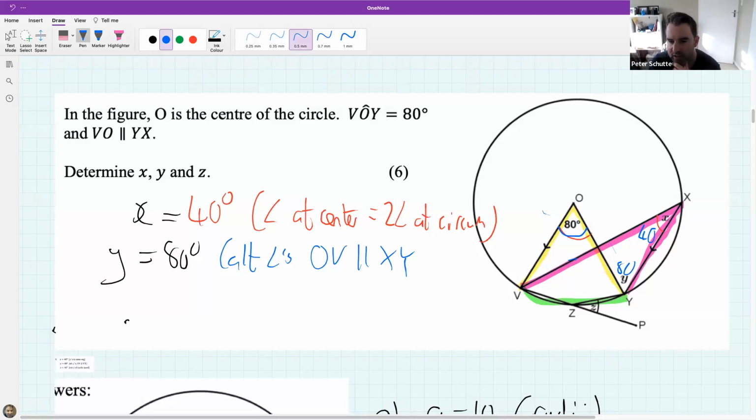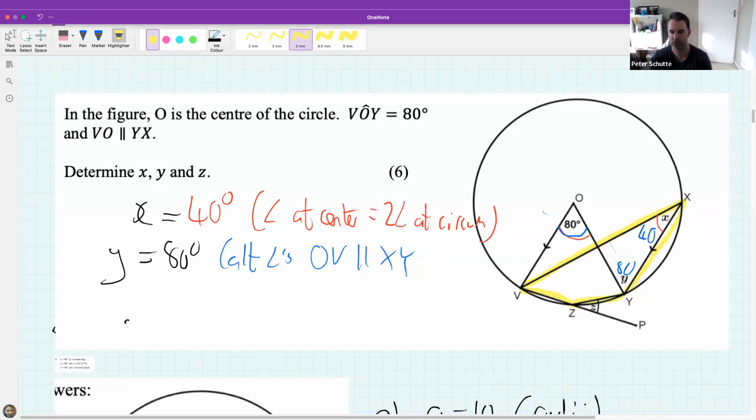I'm going to take away some of my lines just so you can see a bit more. It's very sneaky, because what is XVZY in the terminology or the language of circles?